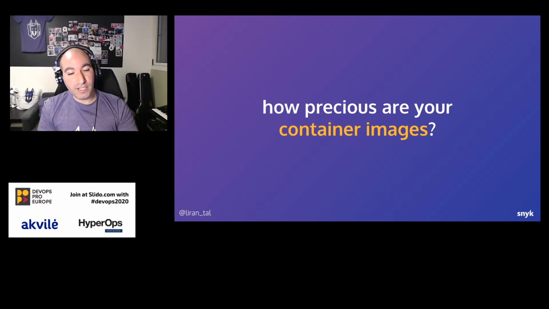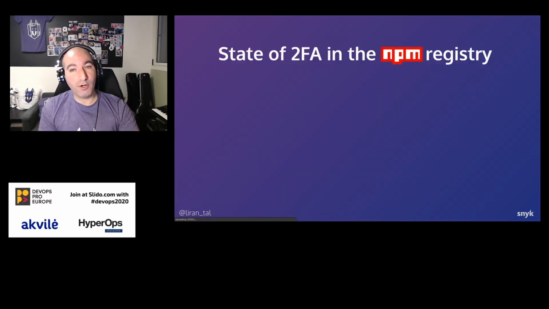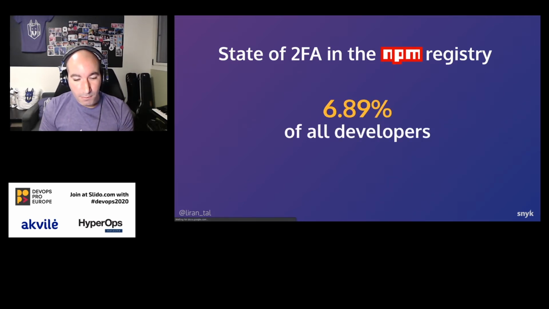To get into that kind of mindset, I do want to talk to you about what happens with two-factor authentication in another ecosystem. So let's talk about the state of 2FA, two-factor authentication, in the NPM registry. This is a language-based, not Docker container images, but a language-based open source repository. NPM is, as we said, the largest there is, so it's an interesting take to see what's going on there. If you had to guess, how many developers actually enable 2FA?